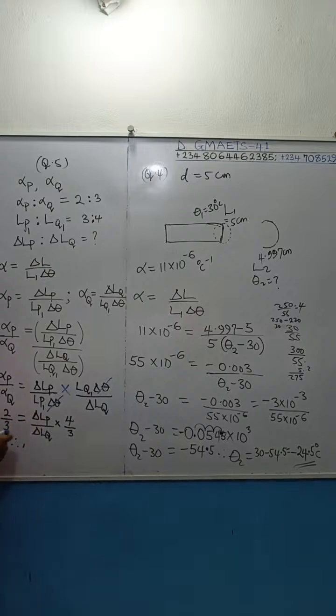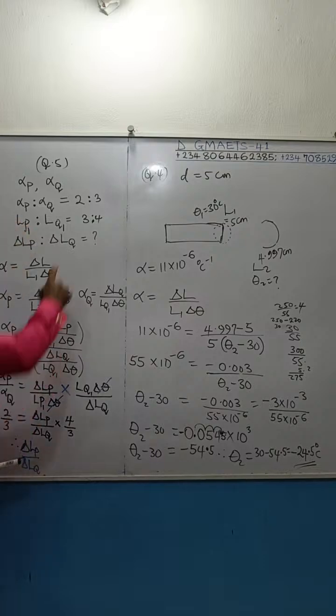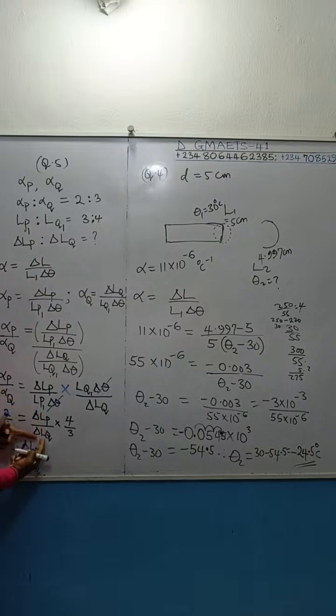Therefore, the increase in length of P divided by the increase in length of Q, this thing is a ratio, and that's the format in which we have to get it. The ratio of the increase in length of P to the increase in length of Q is what? Look at it, this over this will now be equal to, mathematically, this 3 multiplying this 2 to give you 6, and this 4 multiplying this 3 to give you 12.